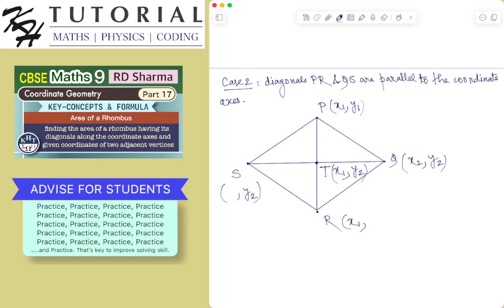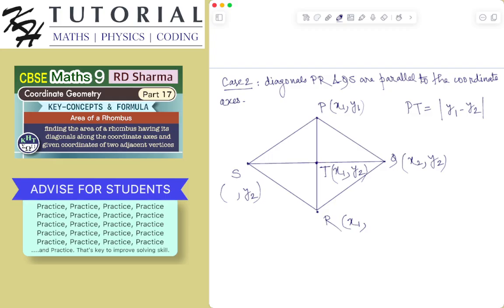Since we know the coordinates of the points P and T, the distance PT will be the absolute value of the difference of their ordinates, since PT is a line segment parallel to the y-axis. So mod of y1 minus y2 is the distance of the points P and R from the point T.